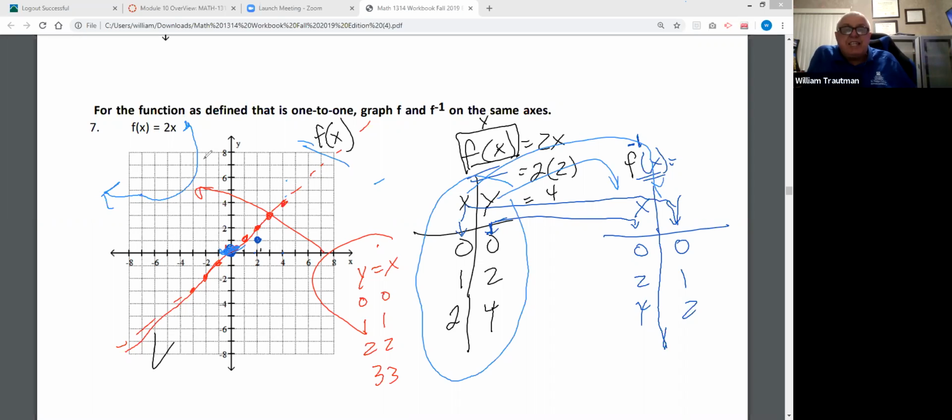So it doesn't have to cross. When we have straight lines, linear functions, they do cross at a point, but they don't have to. There's always a graph that shows us that.